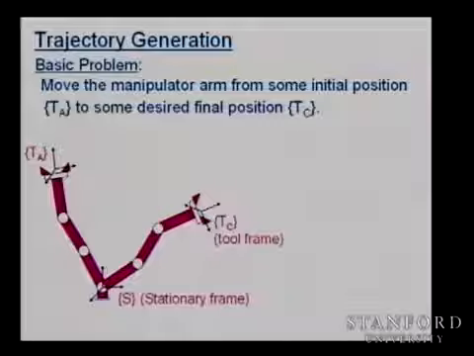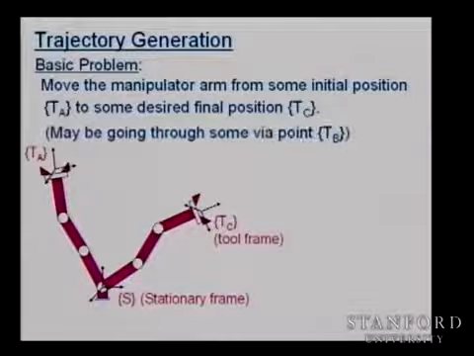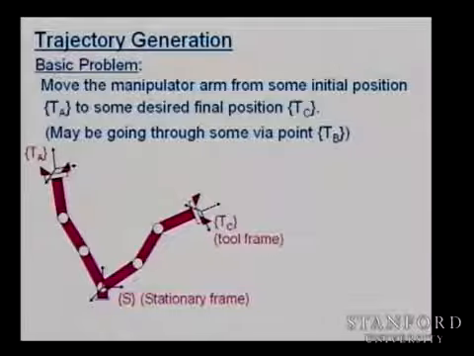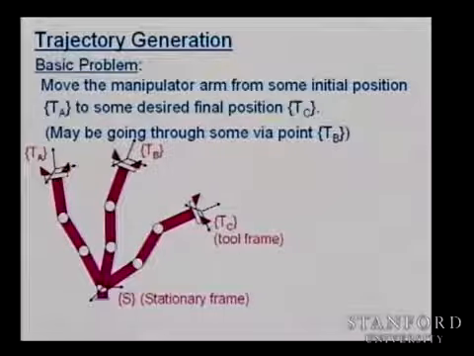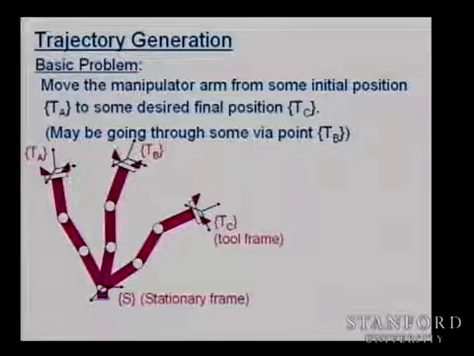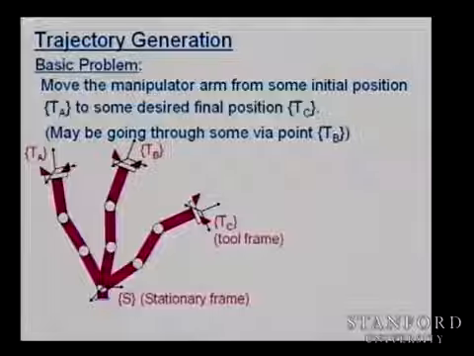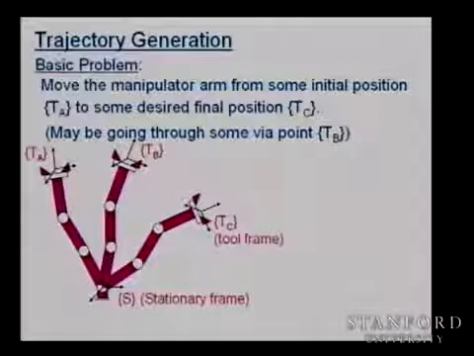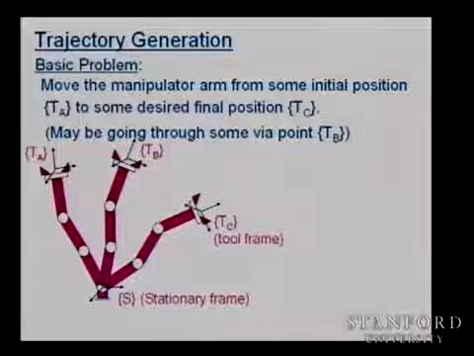So we want to plan a motion for the manipulator arm from T sub A to T sub C. In addition, to make things more interesting, we might have to go through some intermediate points, like for example T sub B, and we have that because if we have an environment with obstacles and the manipulator is moving in that environment, you want to make sure that you're avoiding the obstacles, in which case you're introducing intermediate points for the manipulator to move for. So this is the basic problem.